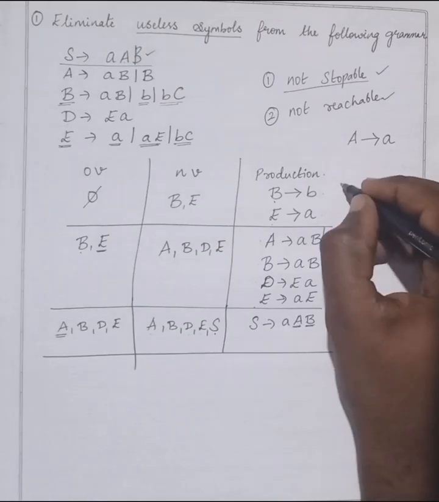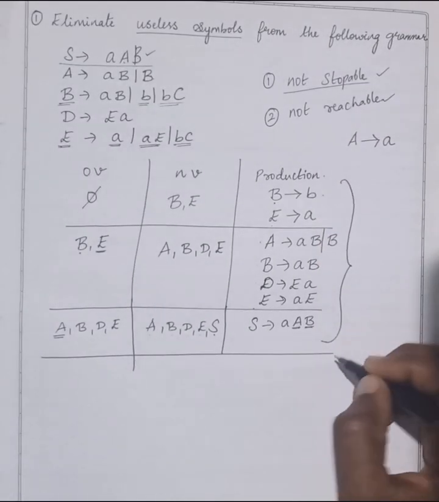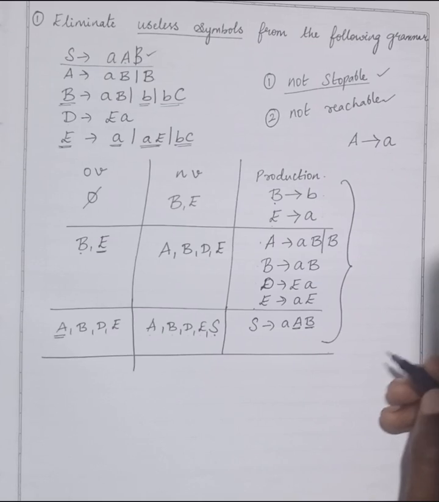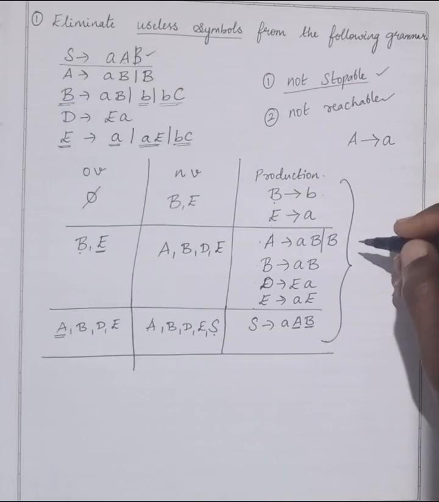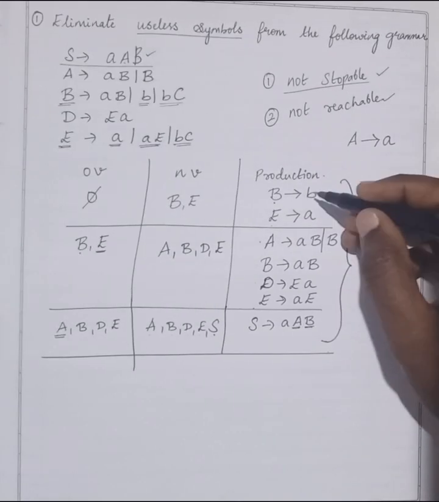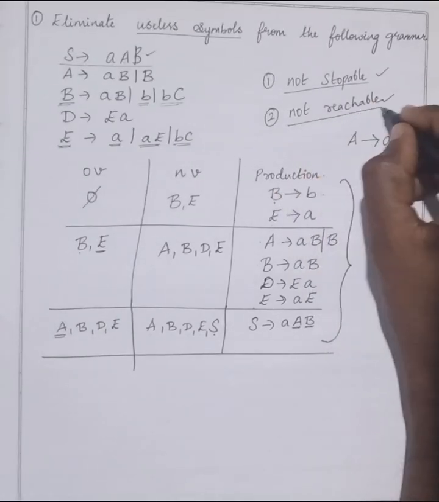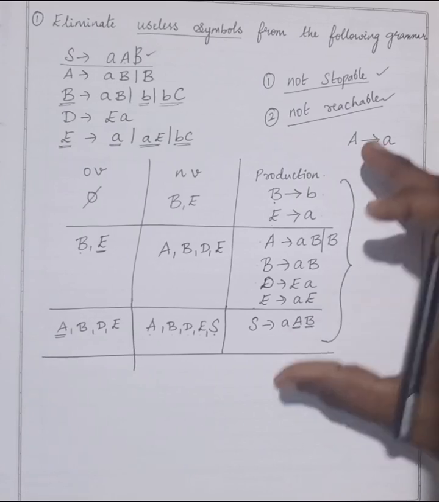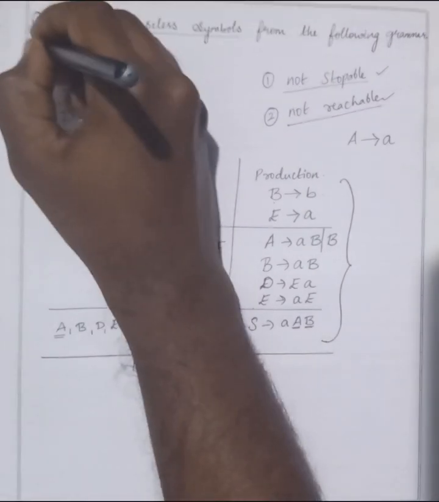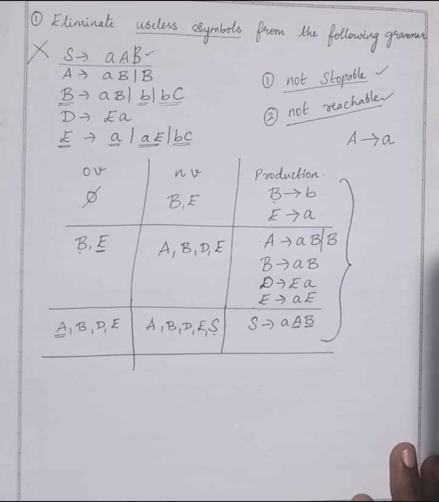These are the productions that are stoppable, meaning after substituting the non-terminals with terminals, it will stop at one stage. So only these many productions are considered. For the next level, to remove the not reachable, we should take only these productions, not all the productions. Okay, I believe you got it.